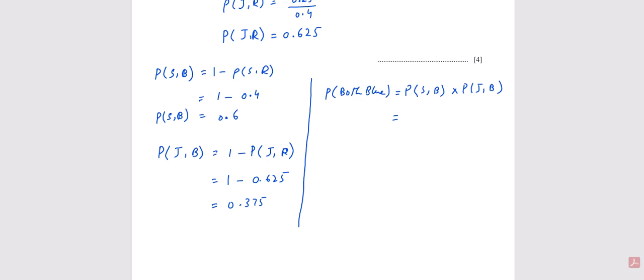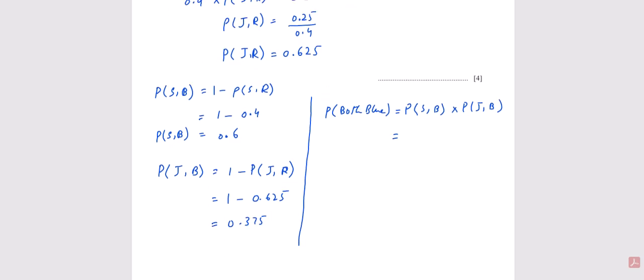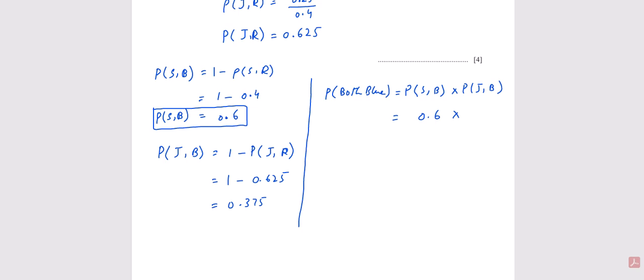So the probability of Stephen picking blue is 0.6, multiplied by the probability of Jen picking blue, which is 0.375. Multiply these values, we get 0.225. This is our final answer.